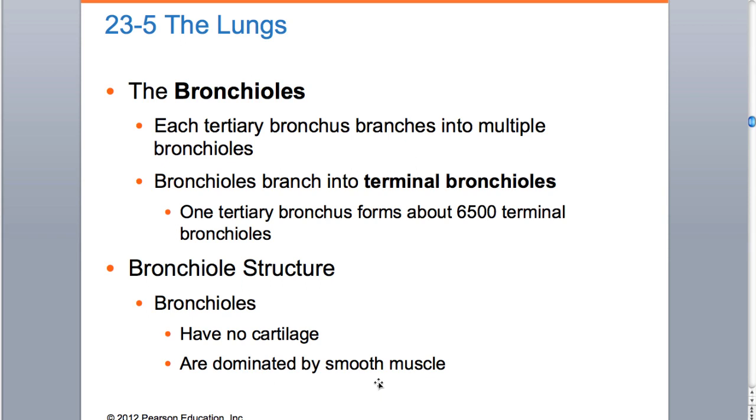Arterioles are electrically and chemically stimulated. Bronchioles are electrically and chemically stimulated. Now, what do you think is going to happen on the next slide? It's going to expand on that. So what I've been saying all along is electrical chemical for arterioles, electrical chemical stimulation, bronchioles, because of the smooth muscles. Look at the next slide.